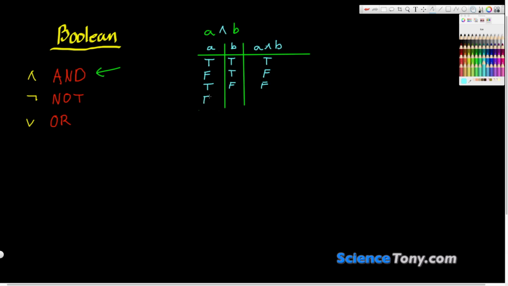And if A and B are both false, then this is going to evaluate to false. So the only time that an AND Boolean is going to be true is if both are true.